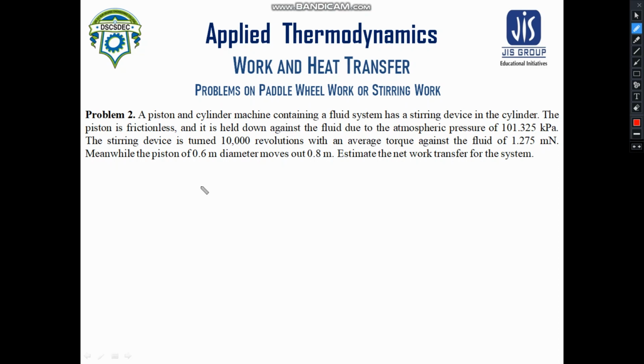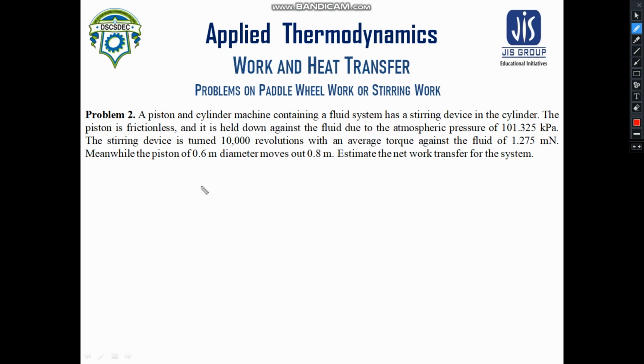The piston is frictionless and it is held down against the fluid due to the atmospheric pressure of 101.325 kilopascal. That means the atmospheric pressure is enough to balance the fluid and the piston. So the pressure exerted by the fluid is exactly the same as the atmospheric pressure. Both the piston and the fluid are maintained in a thermodynamic equilibrium condition.